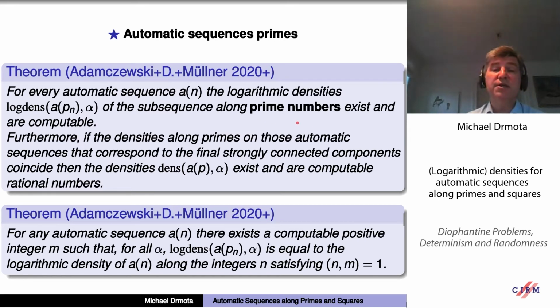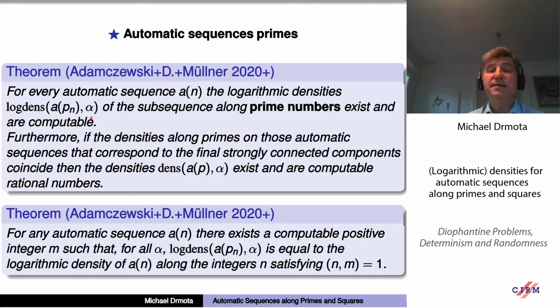So we are considering an automatic sequence along the prime numbers. Any automatic sequence. And the result, together with Boris and Clemens, says that for any automatic sequence, the logarithmic densities exist along prime numbers.